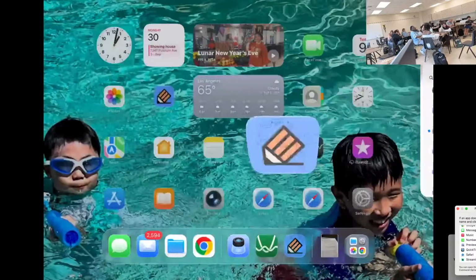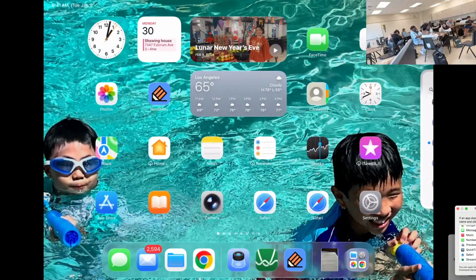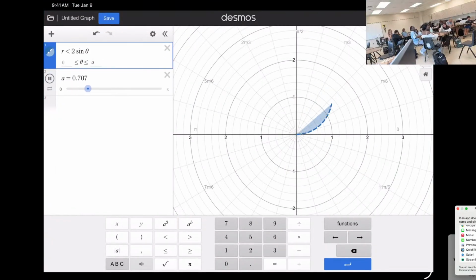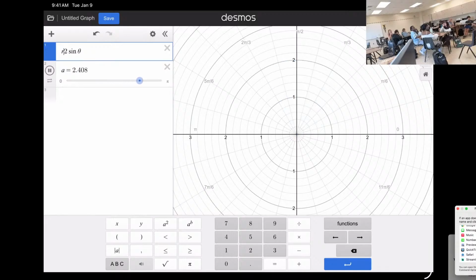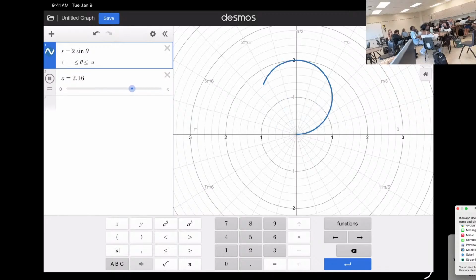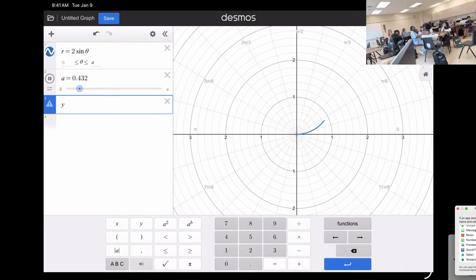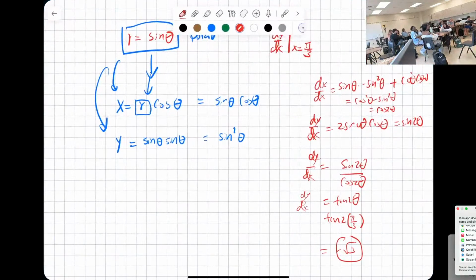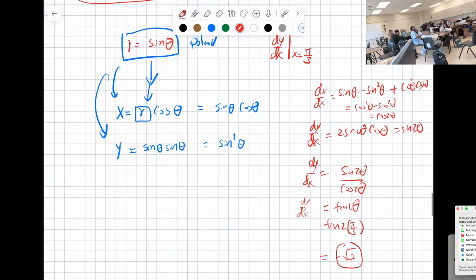Now this is r sine theta. So we know y minus what? Well, what is the x? If I plug in pi over 3, r would be sine theta, so sine of pi over 3 times cosine of pi over 3, which is square root 3 over 4.